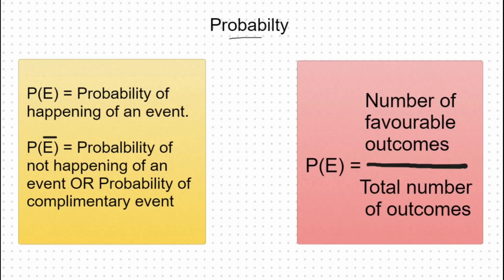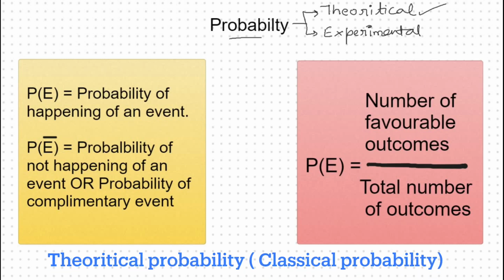We can classify probability as theoretical probability and experimental probability. Theoretical probability is what we are studying right now. That means by theory, say a coin is tossed once. So what is theoretically the probability of getting a head or a tail?